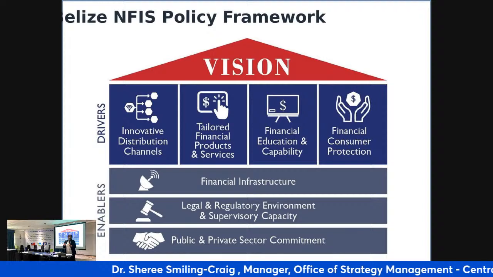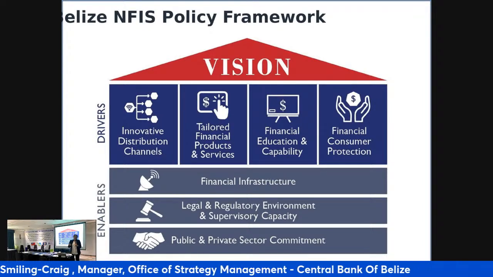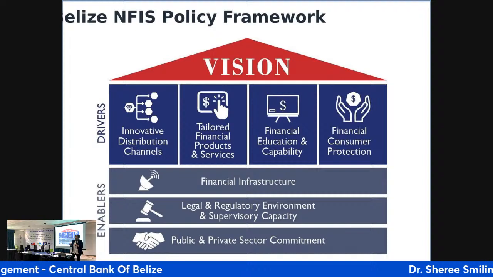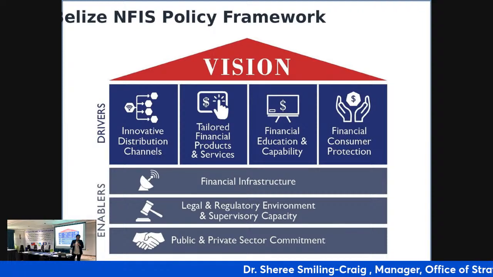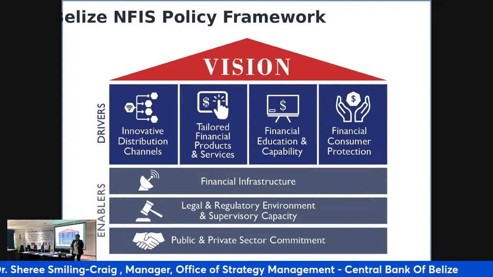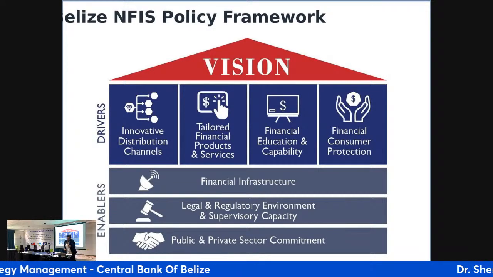And we at the central bank and our stakeholders agreed that even though there was not a great gender disparity, we needed financial products and services that serve the use of women, of individuals, for farmers, and for MSMEs. So those were our target populations that we identified back in 2019.